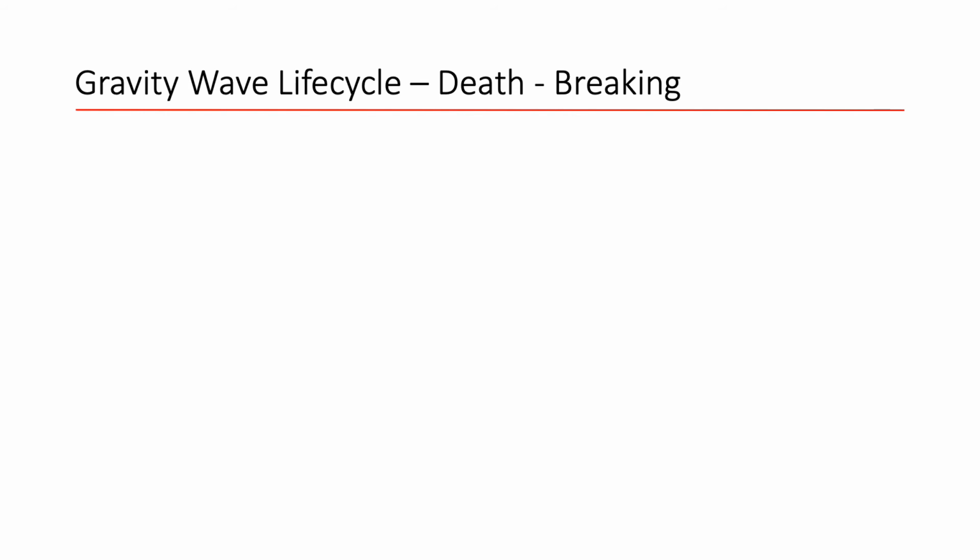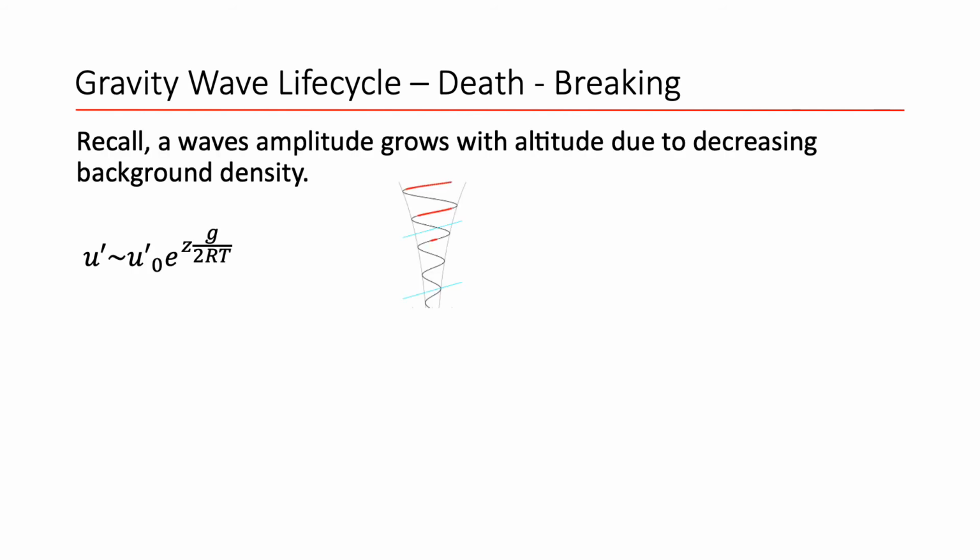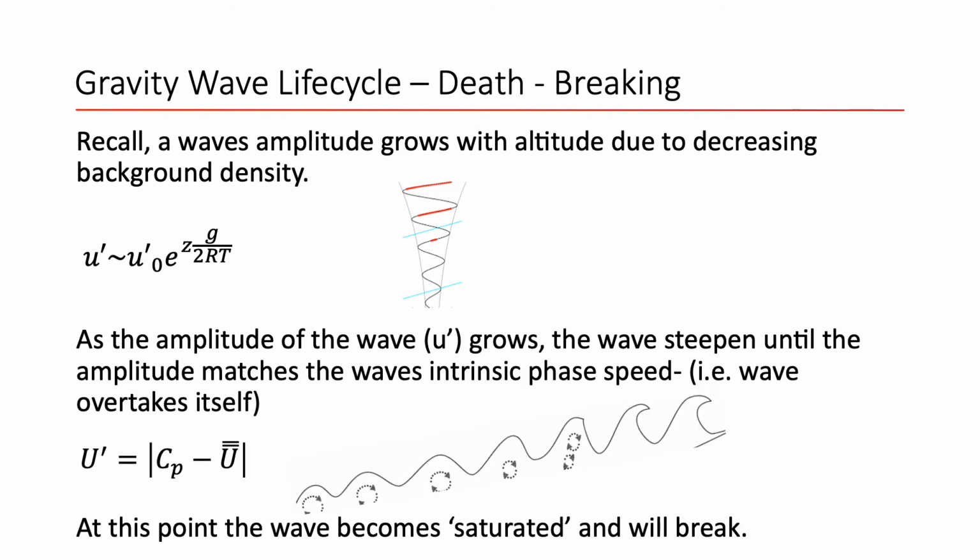So now let's go on to talk about wave breaking. If you recall, a wave's amplitude will grow with altitude as it propagates upward due to the decrease in background density. But of course, the wave's amplitude can't increase forever. Eventually, the wave amplitude will grow so large that the wave will steepen. And what will happen is the peak of the wave, essentially the horizontal perturbation velocity, will overtake the phase speed of the wave.